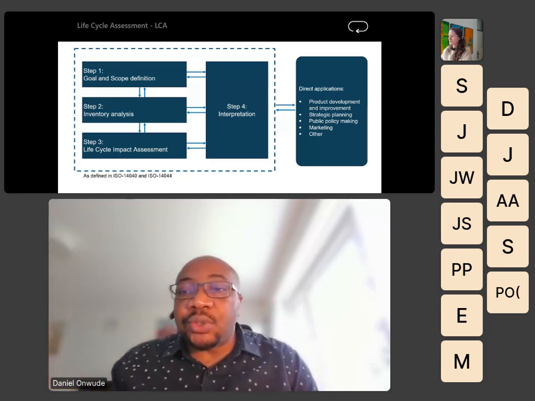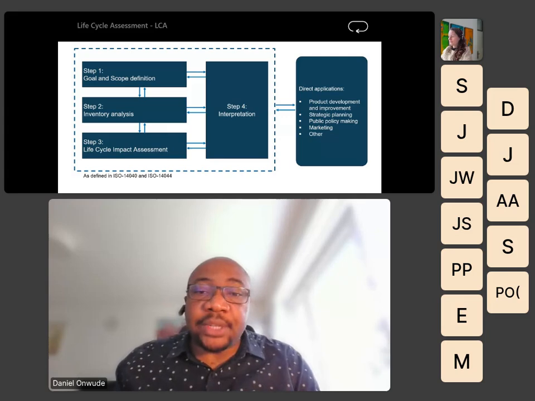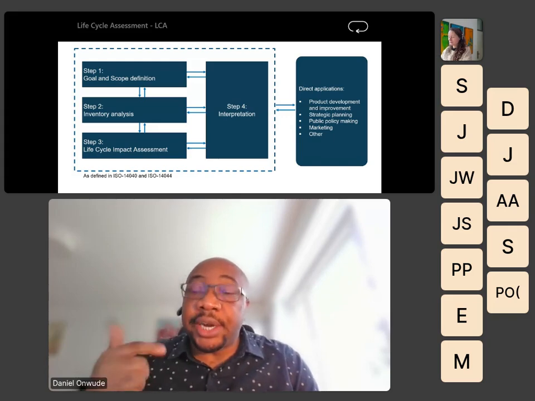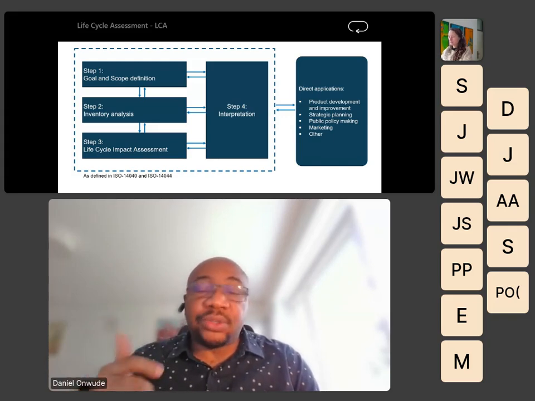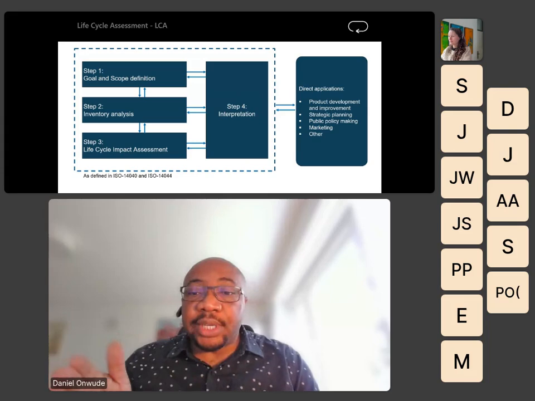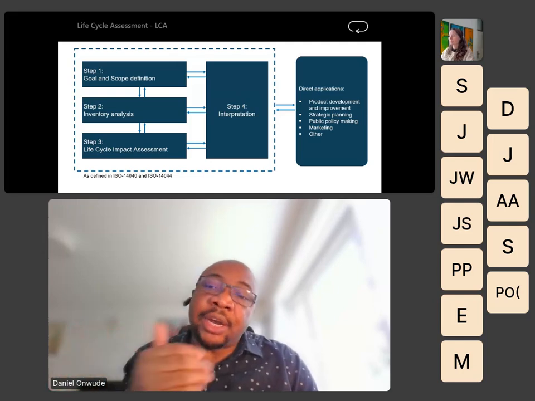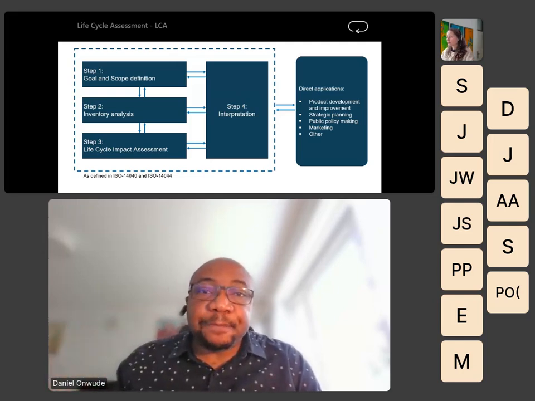So you analyze the result to see, for instance, where the biggest impact occurs and what can be improved. So these steps make the LCA process very structured, rigorous, and comparable, right? So helping systems, products, and processes develop better, and also to give policymakers a better way to make decisions.